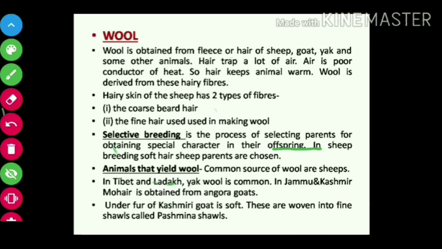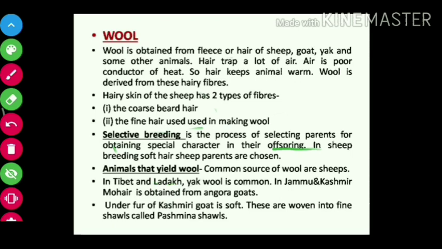What special character do we want? We want the fine hair character. So those sheep who have fine hair are chosen as parents for breeding, so that they can produce offspring that have fine hair, so that we can produce more wool.